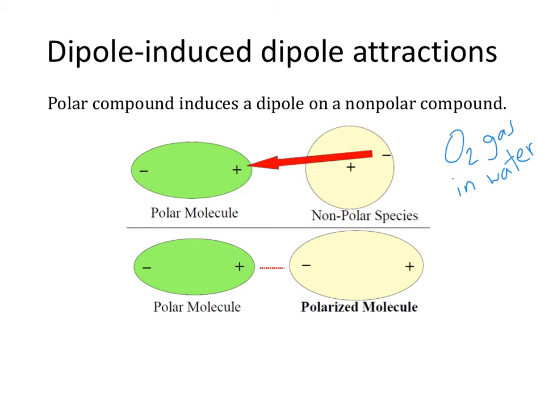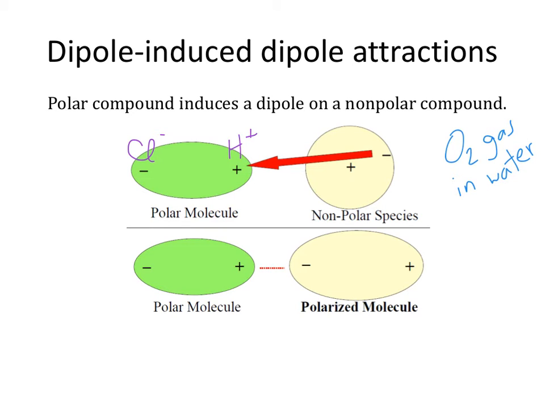The forces become stronger when the polar molecule has a greater dipole moment, or when the nonpolar molecule is larger and therefore more polarizable. In this picture, let's pretend that we have an HCl again with a Cl which is partially negative and a hydrogen which is partially positive, attracted to some nonpolar species, let's just say oxygen or nitrogen.